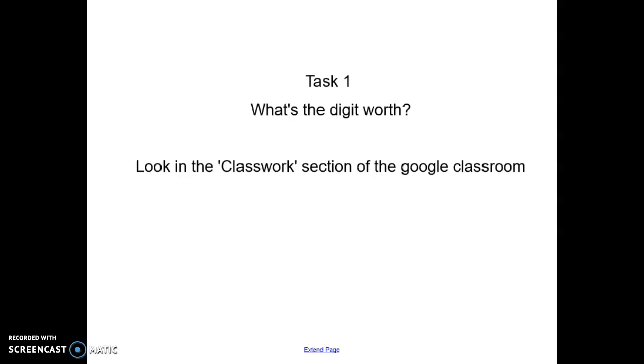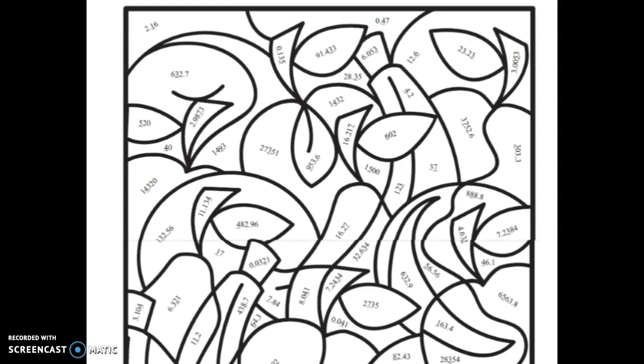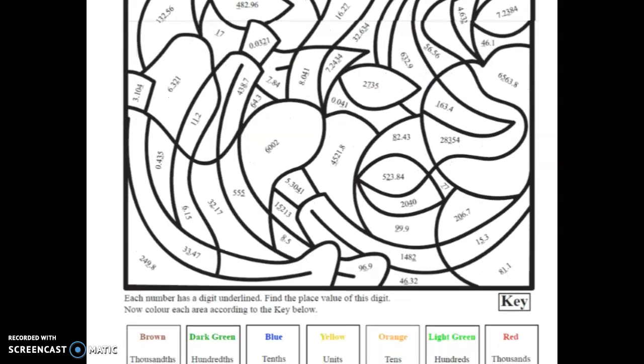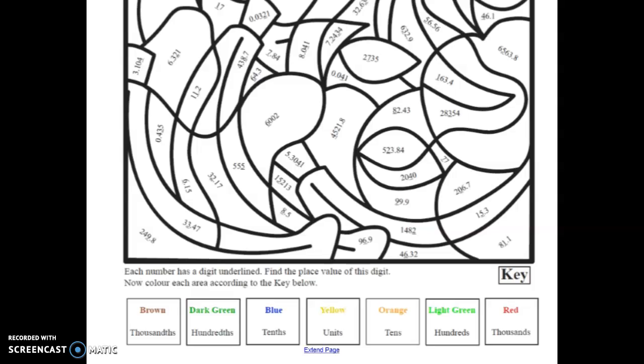If you would like to, there's an extra task that I have uploaded for you, which is this colouring by numbers. You can save this on your iPad and use the edit tool in pictures to colour in this picture. The number that is underlined, however much that is worth, tells you what colour to colour in.